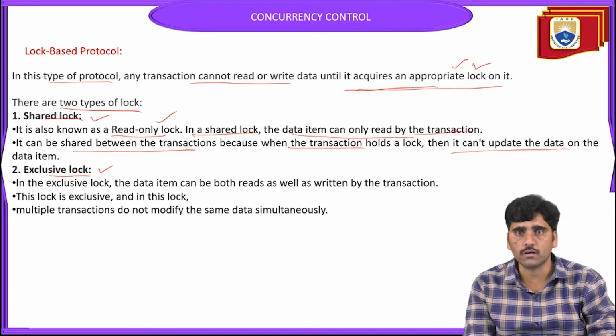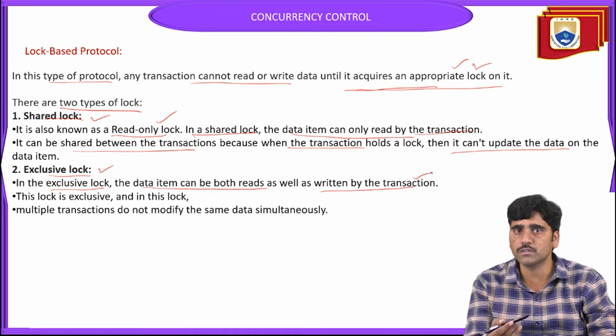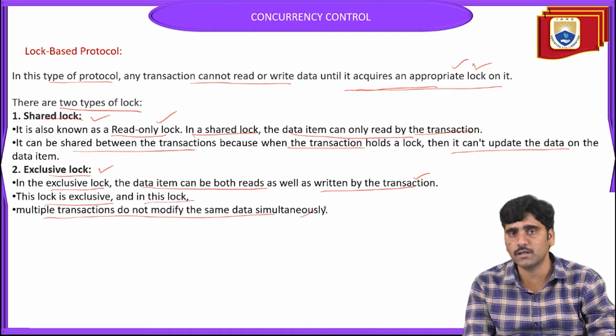And exclusive lock. In this exclusive lock, the data item can be both read as well as written by the transaction. So here we can perform both read and write operations. This lock is exclusive, and with this lock multiple transactions do not modify the same data simultaneously. So the exclusive lock is for both read and write purposes, but the shared lock is only for readable purpose.